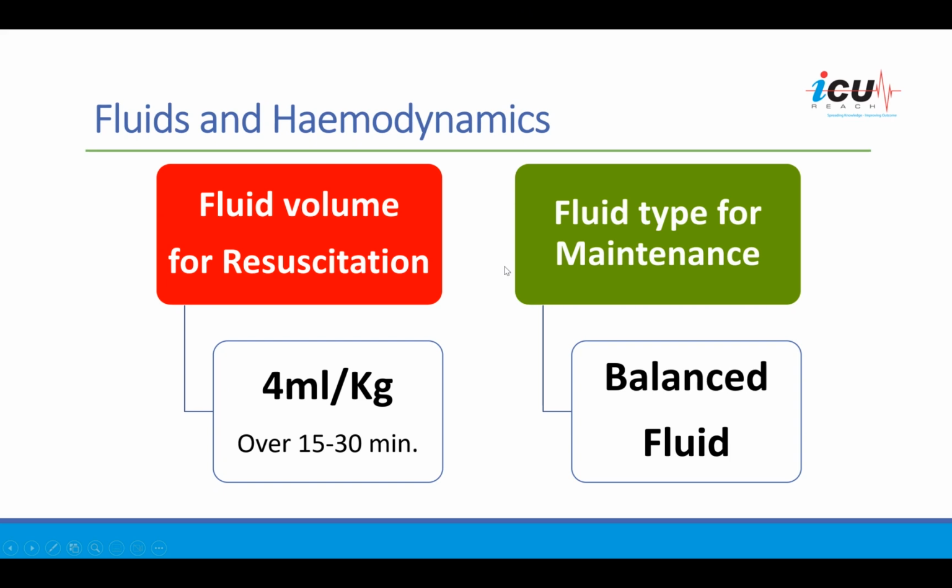In general, the volume of fluid that we utilize for resuscitation is a bolus of 4 ml per kg over 15 to 30 minutes. We're going to see in our resuscitation presentation how this is compared to mini challenges, and we'll see the different studies that showed the outcome of 4 ml per kg versus 1, 2, and 3 ml per kg.